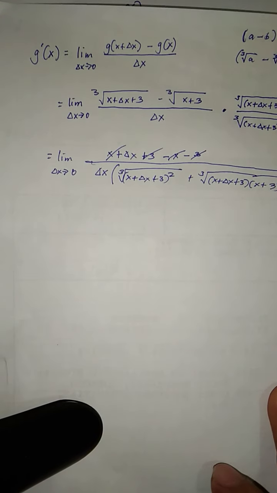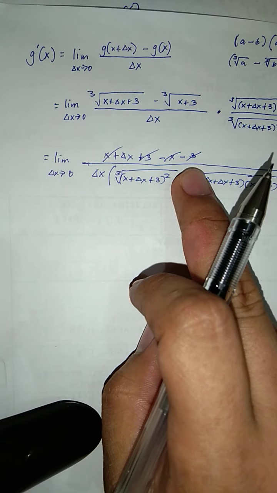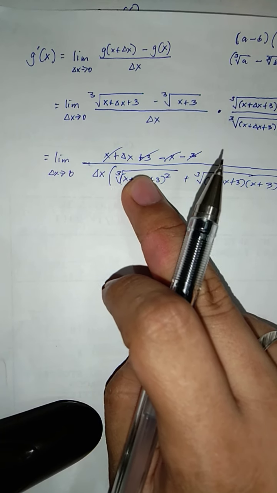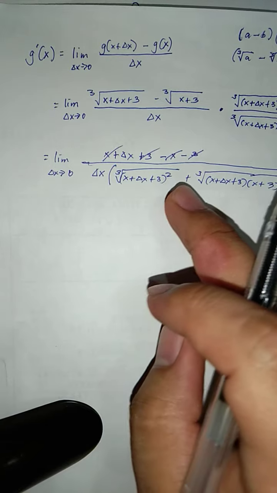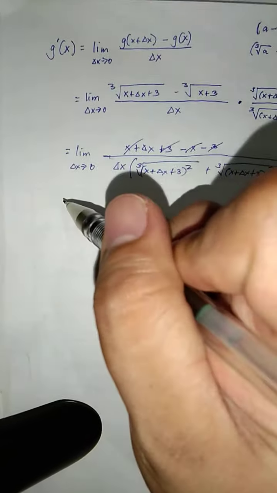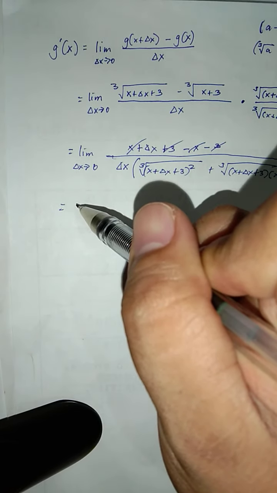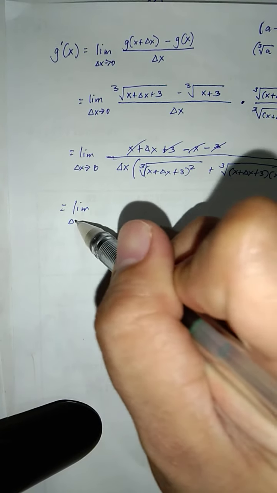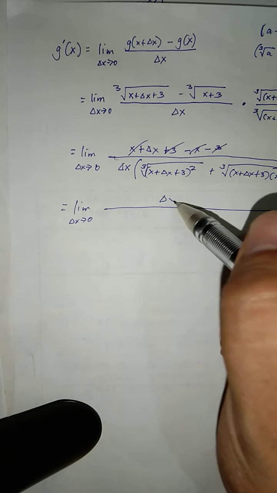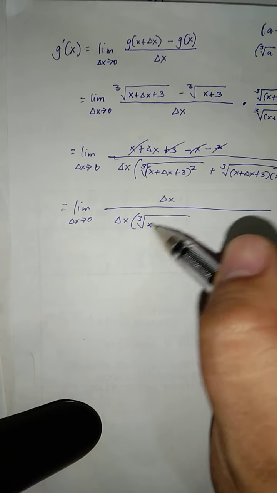One hint here is that you should be able to cancel those that have no delta x in their expression, and you should be able to cancel out the delta x, so that you will know that you are doing it the right way. If not, then maybe you should review your previous lines for any error. So limit as delta x approaches 0 of what's left is delta x over delta x times again this expression.